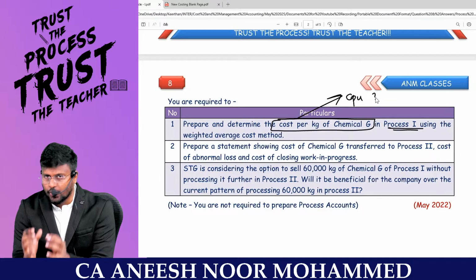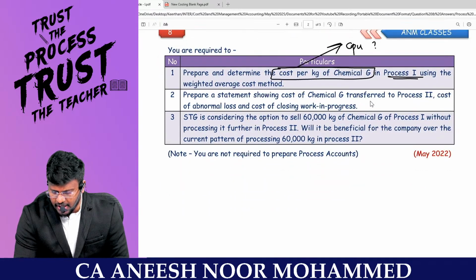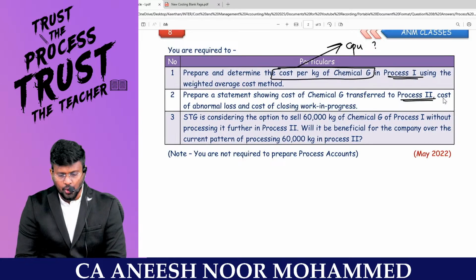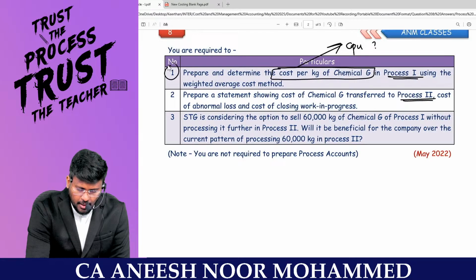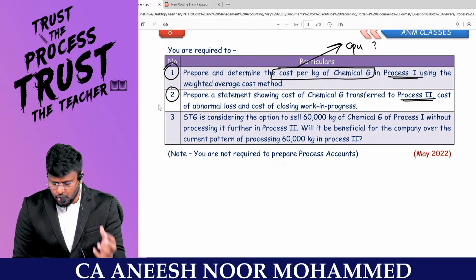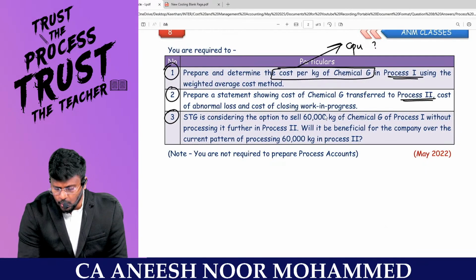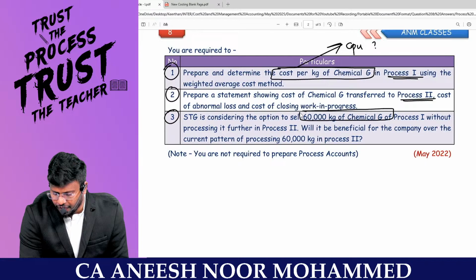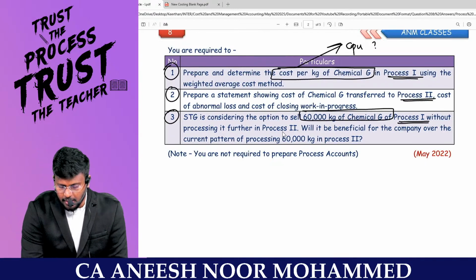A beautiful, brilliant question. Prepare a statement showing the cost of chemical G transferred to process 2, the cost of abnormal loss, and the cost of closing WIP is the second part of the question. So they want the cost split, which is nothing but cost apportionment. And STG is considering the option to sell 60,000 kg of chemical G of process 1 without processing it further in process number 2.